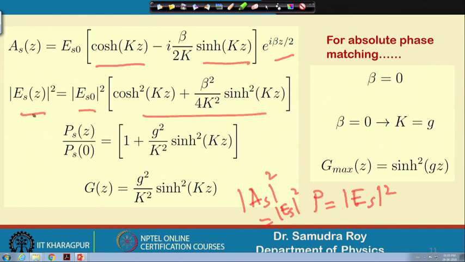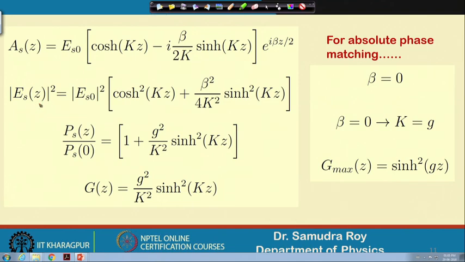So, if I make a ratio, then this ratio E_s(z) divided by E_s(0) square will give me the ratio or the amount of gain. This is the efficiency: if I have P_s0 as input and something we have at z point, then if I make a ratio, we find that this ratio is greater than 1, that means we have some sort of amplification.